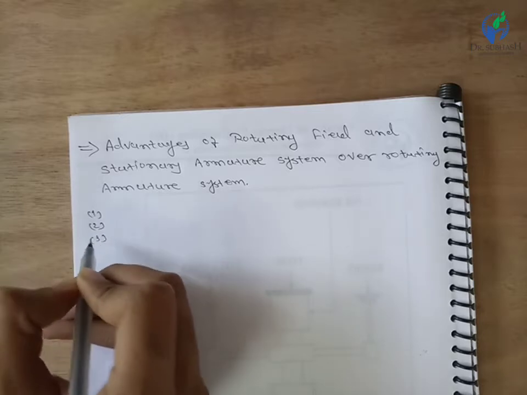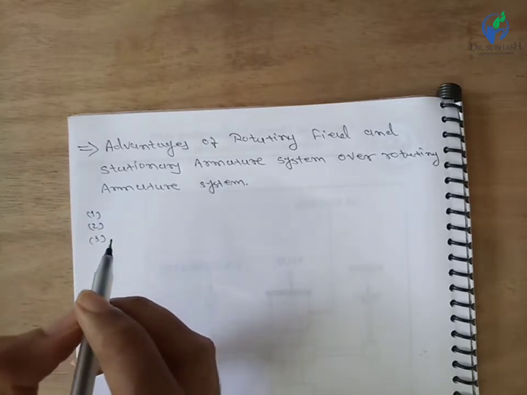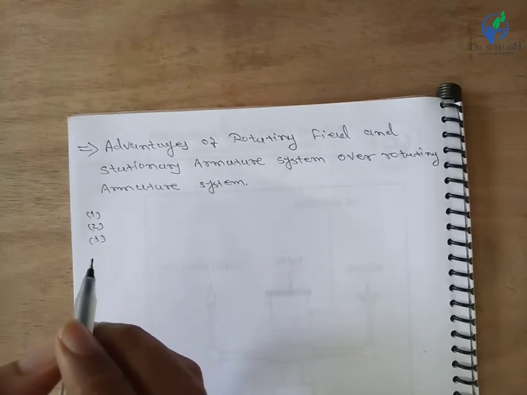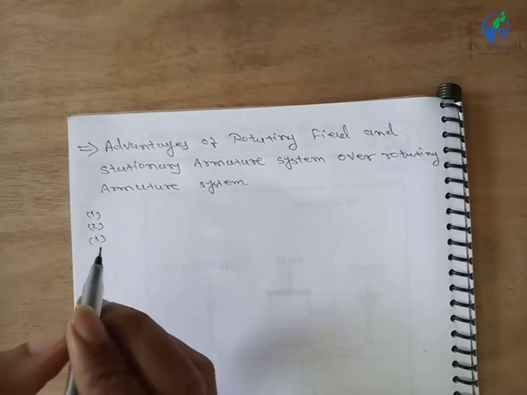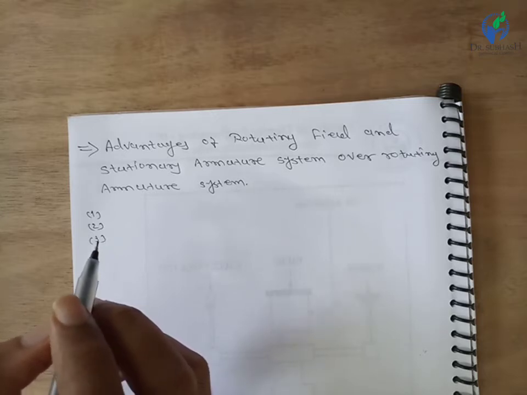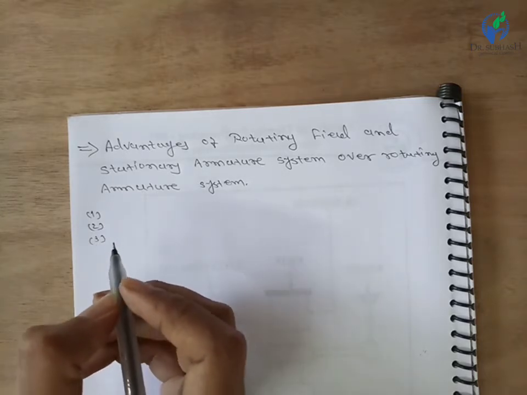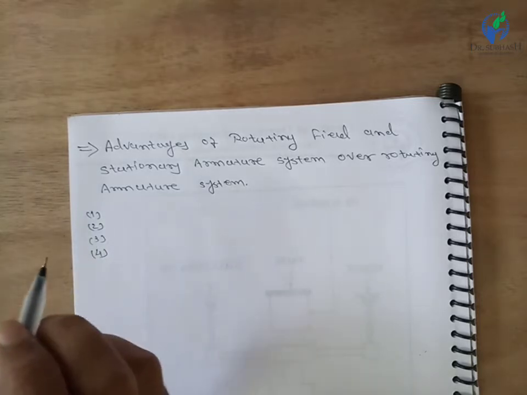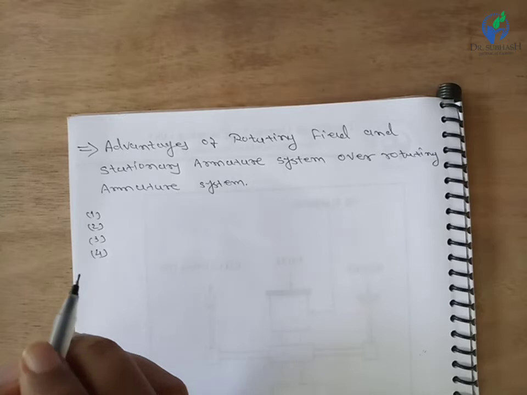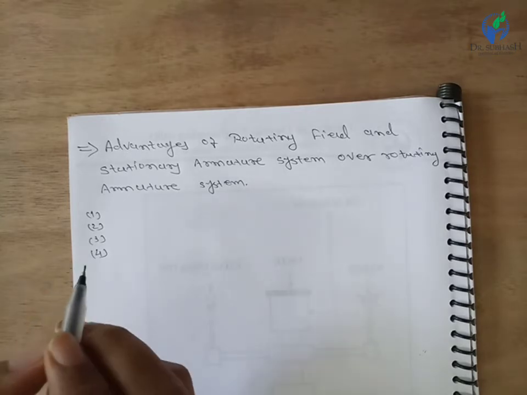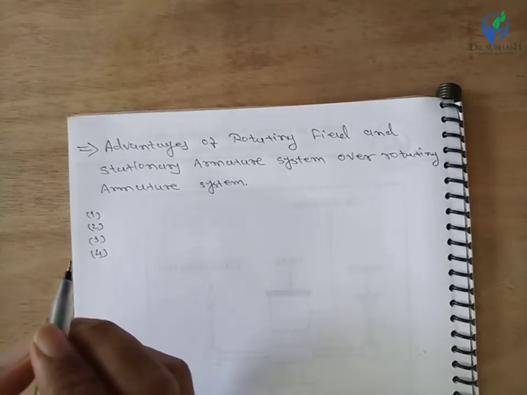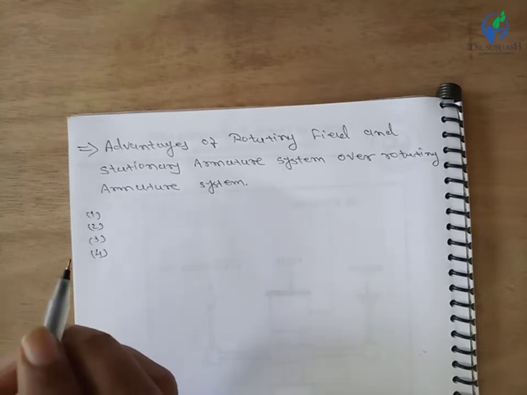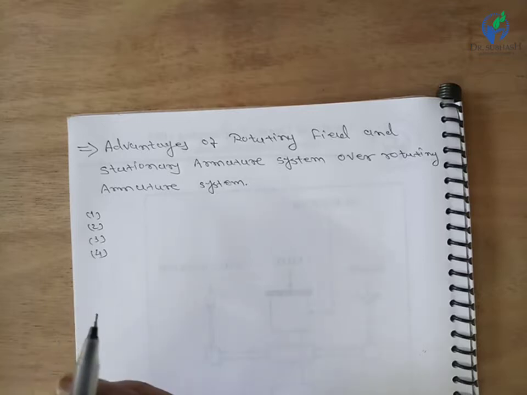The third point is that for the stationary armature, large space can be provided to accommodate a large number of insulated conductors. The fourth point is that if a rotating armature and stationary field system is provided, it requires 3 slip rings to collect the EMF and send it to the external circuit.